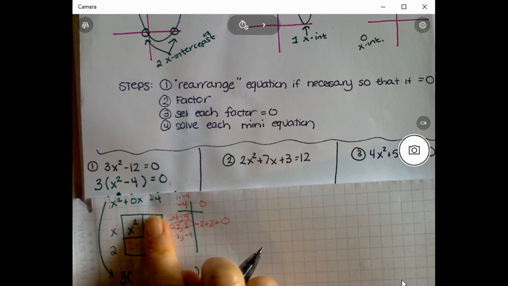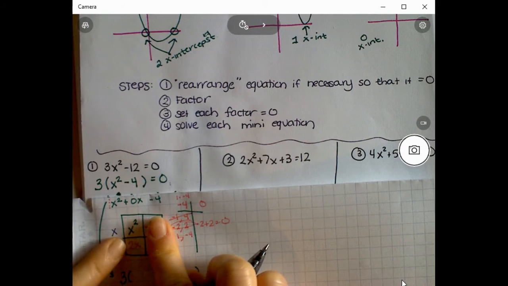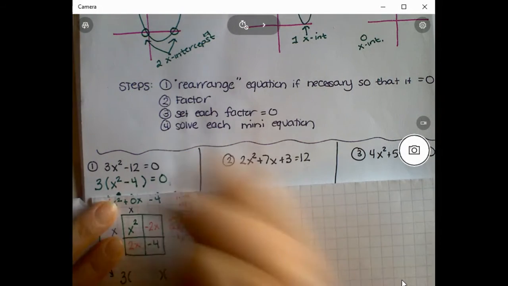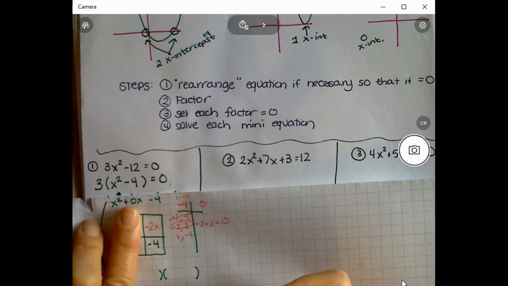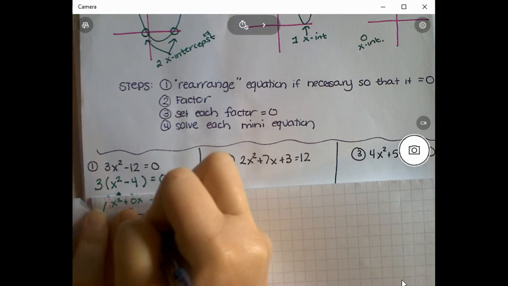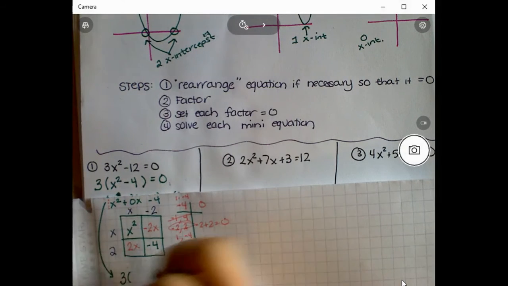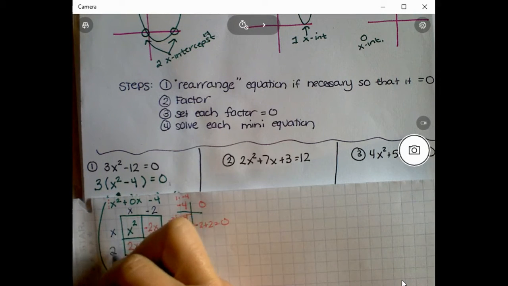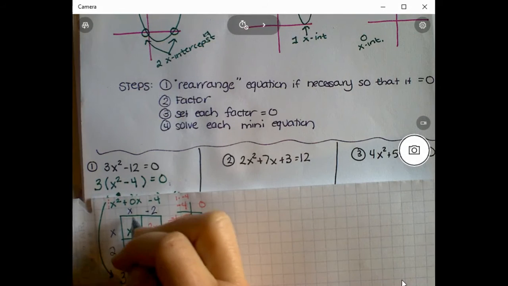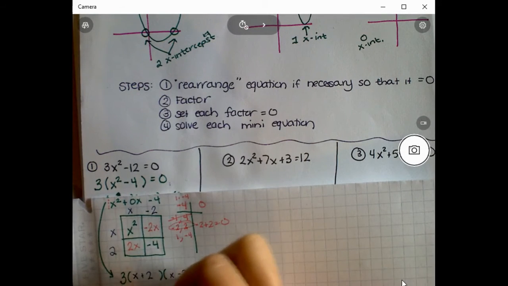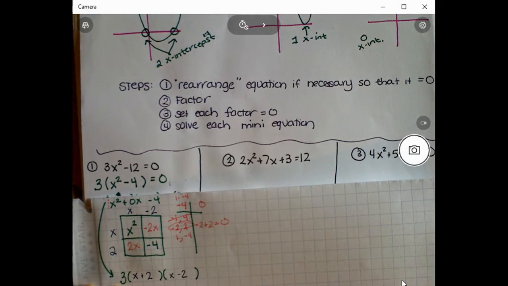What is the GCF of these two terms? x. And what is the GCF of these? -2. We're choosing -2 because the top one is negative. So 3 times (x plus 2)(x minus 2). So that's how you do it if you didn't already know the shortcut of the difference of two squares.